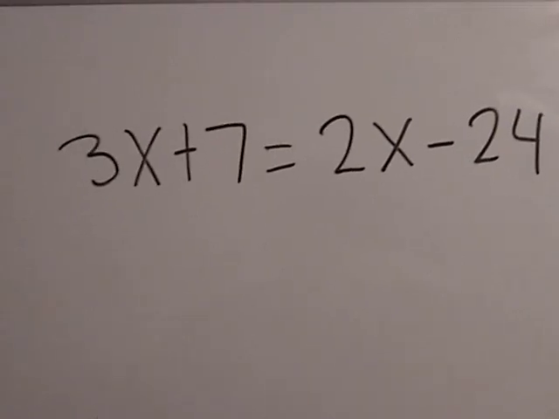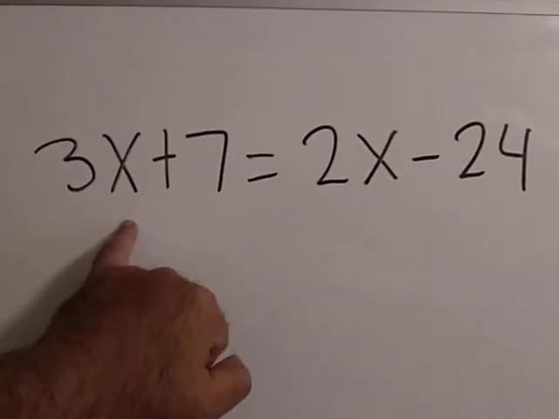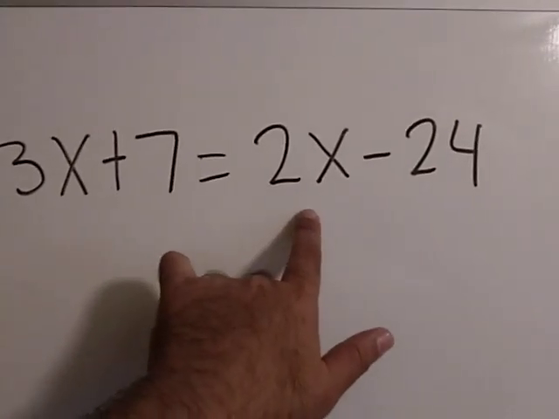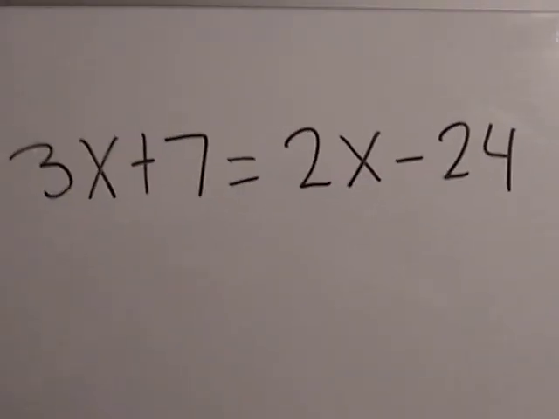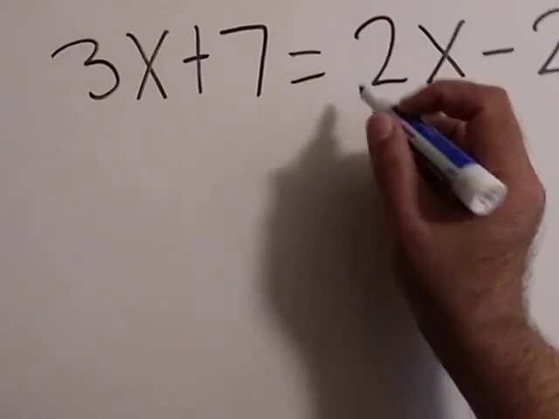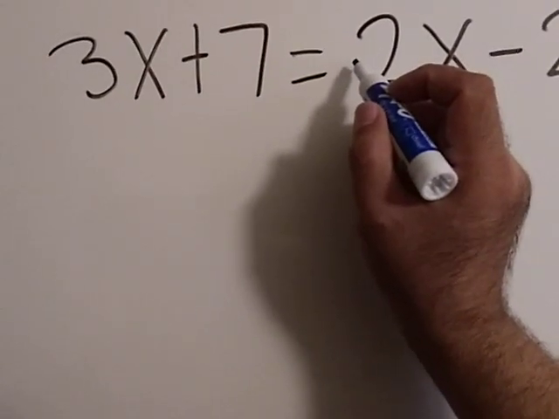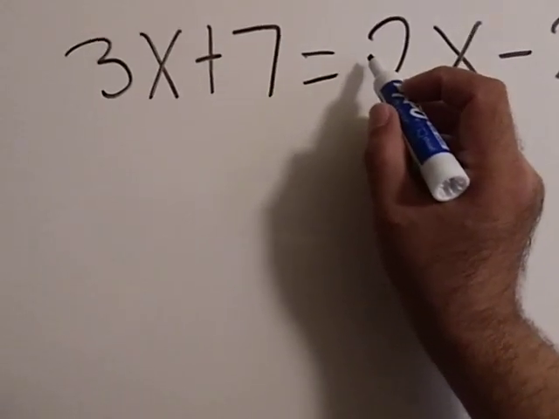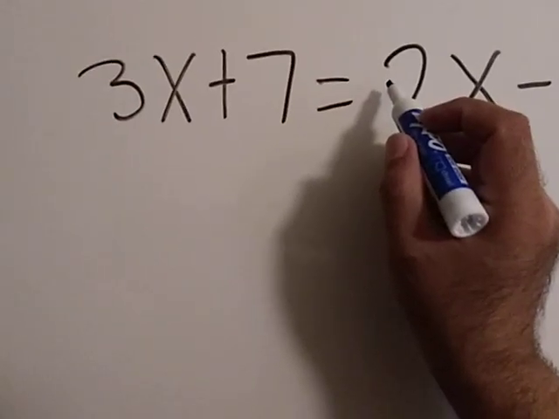In this case, there are variables on the left side, 3x, and on the right hand side, 2x. So we're going to move that smallest number of variables, in this case the 2x. If it doesn't have a sign in front of it, it's implied that it's positive.